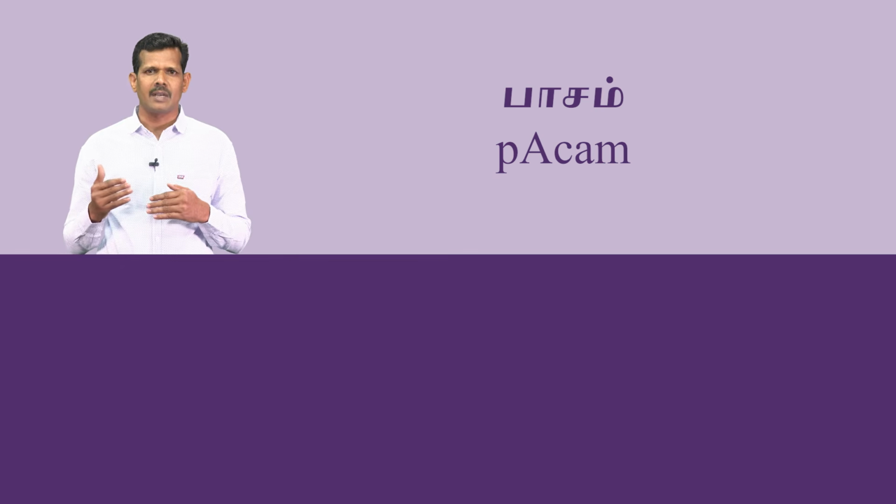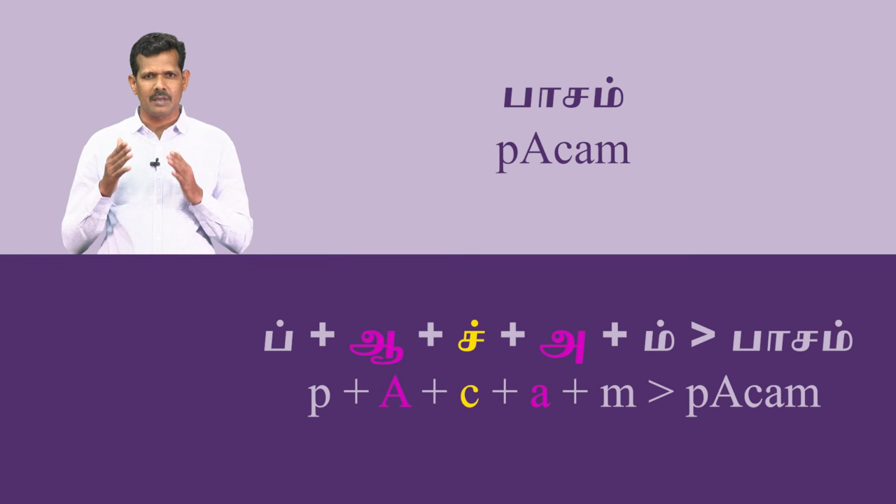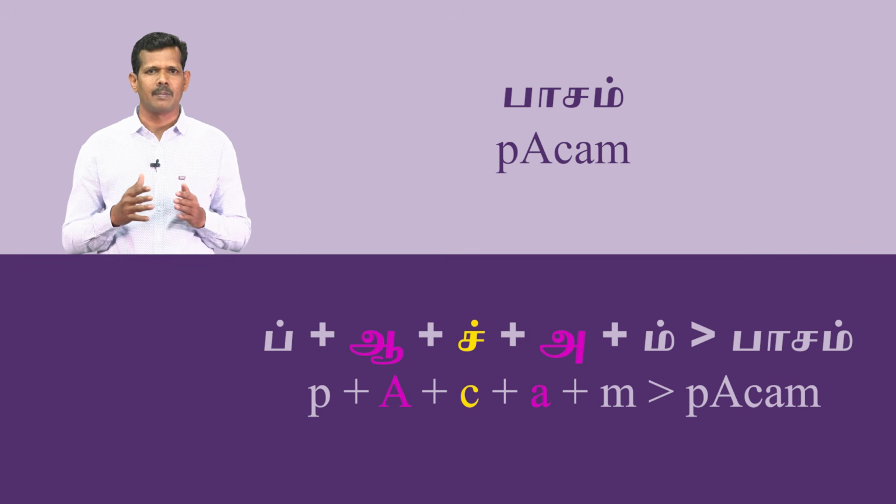Now, let us see some examples for intervocalic position. For examples, pasam, which means affection. Masam means month. The above words can be segregated as follows: ip plus a, ich plus a, im, pasam.